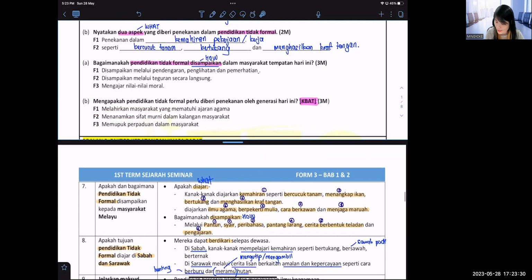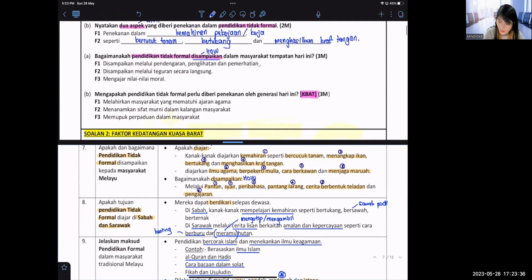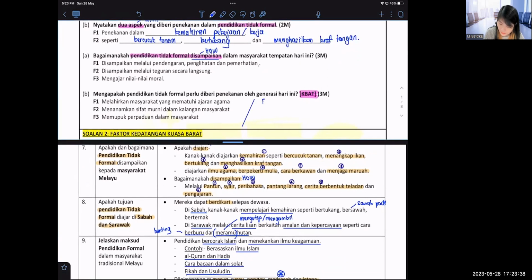You can put back all this answer here, you know. You can put like fakta for mengenali cara berkawan. Fakta 5.